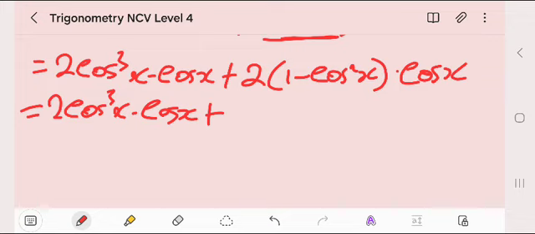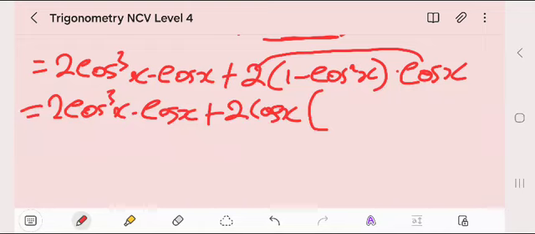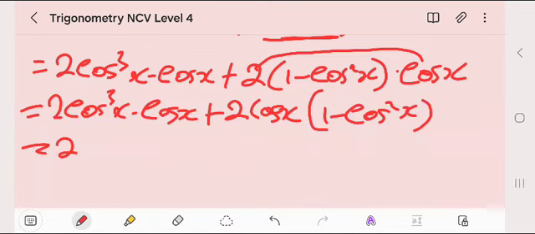So that you do not confuse yourself, let me take these terms here. Let me say 2 cos x into 1 minus cos squared x, so that you cannot be confused. Then distribute. Here we have minus either way, this is minus cos x.